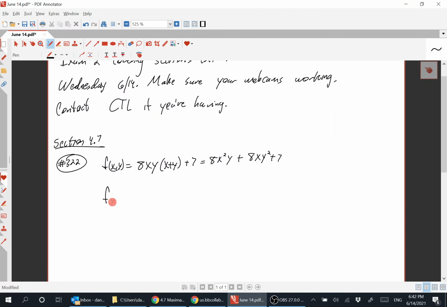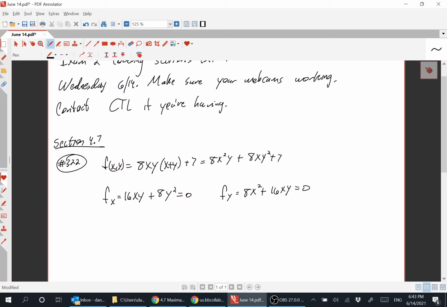So, partial derivative with respect to x, 16xy plus 8y squared. We're going to set that to be 0. And then partial derivative with respect to y, 8x squared plus 16xy, and set that equal to 0.